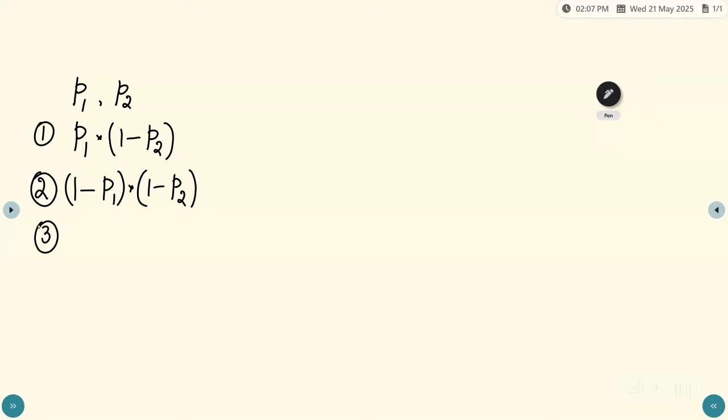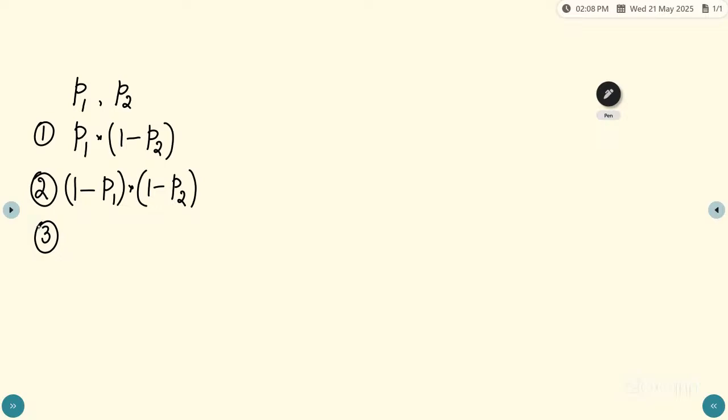Next, the probability of happening at least one of the events. That means happening first one, not happening second, or not happening first, happening second, or happening both.